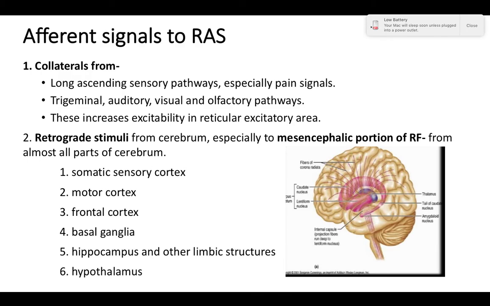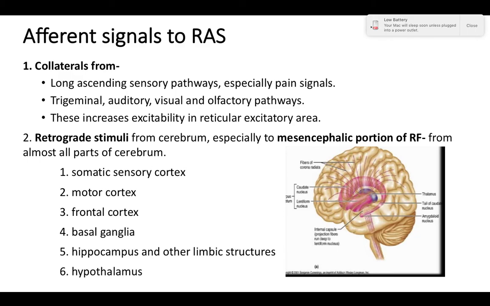Somatic sensory cortex, I think I don't have to explain again. Whenever you feel a pain stimulus, it gives a collateral, and then the RAS will get activated. The RAS will send a signal to the cortex, and the cortex will again send a signal back to the RAS. So that is a cycle as long as the effect lasts.